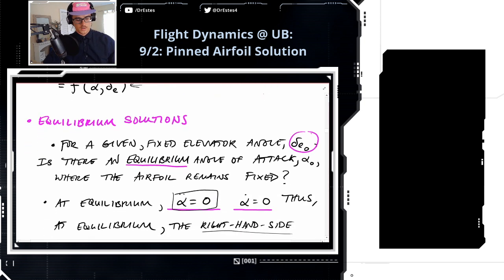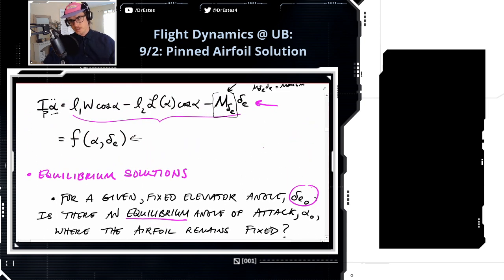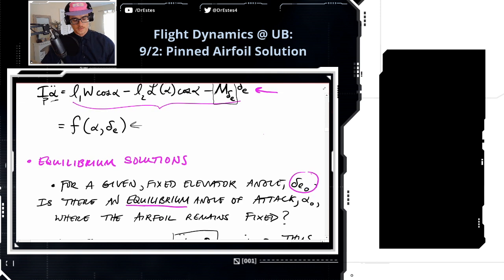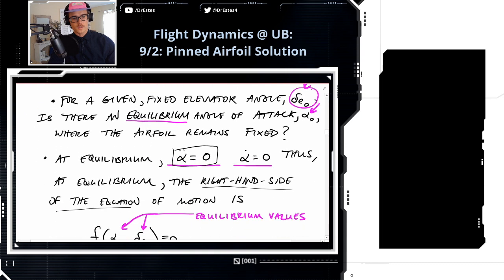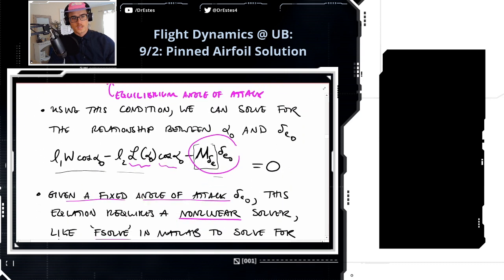So when you're doing a linearization, it's popular to linearize about an equilibrium point. So we solved for, if we have the elevator at the back fixed at some angle, what is going to be the equilibrium angle of attack? So I called that alpha naught. So we went through some of this.